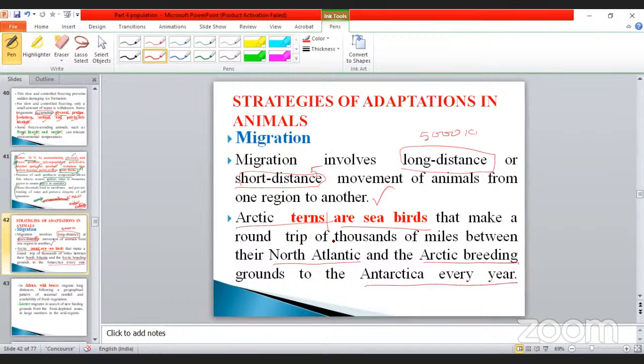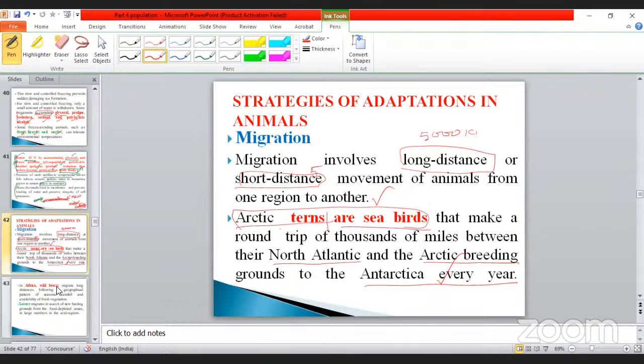They may ask which type of bird moves from the North Atlantic to the Arctic breeding ground by migration. These are important points. Every year the seasonal variation is there. During that seasonal variation, animals also migrate from one place to another place, that is, from one region to another region.